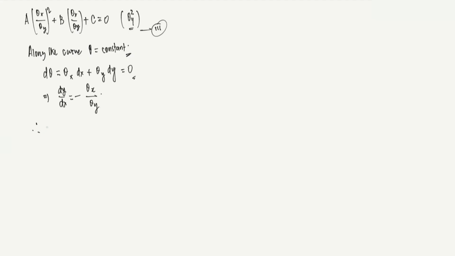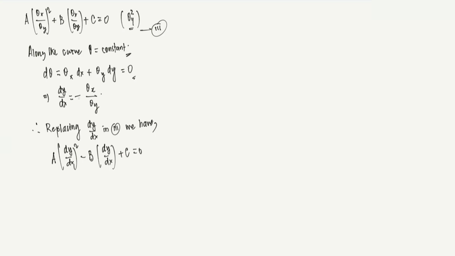Therefore, replacing dy by dx in 3, we have a (dy by dx) square minus b (dy by dx) plus c equals 0. Dy by dx is minus theta x by theta y, so that is why this minus sign is there.